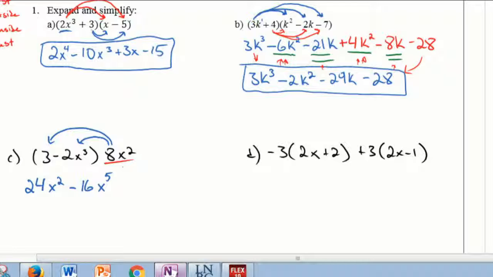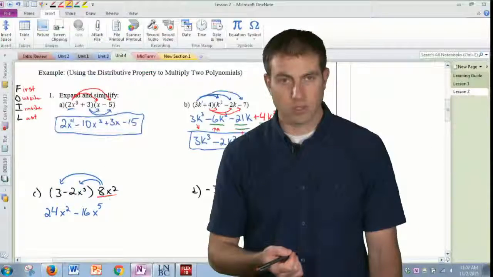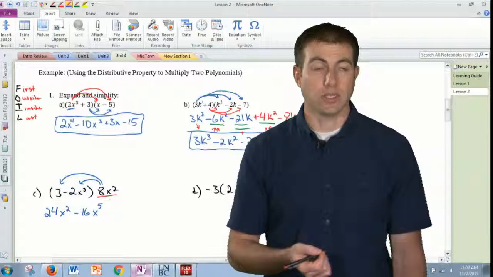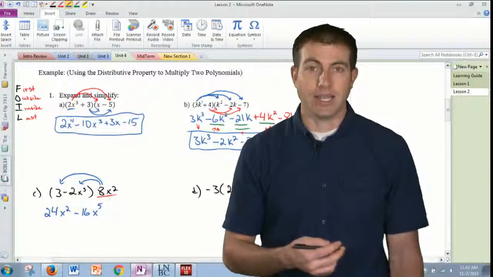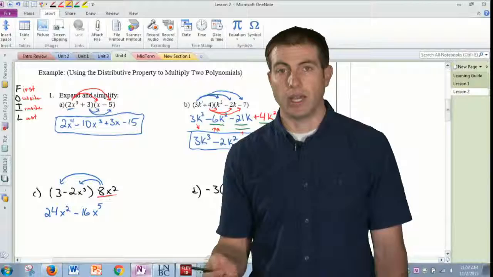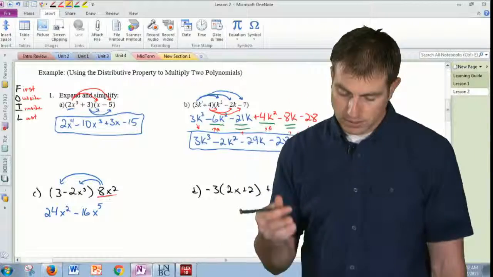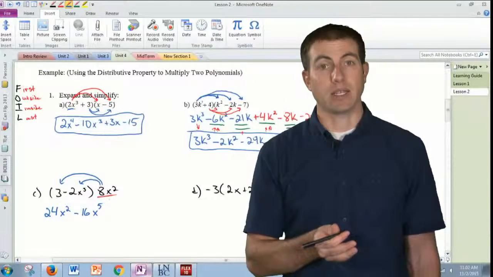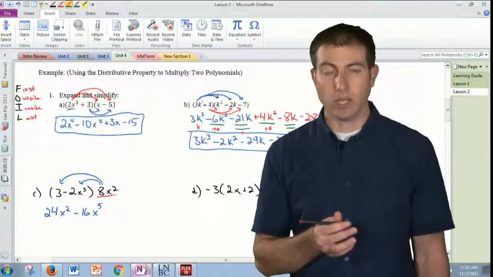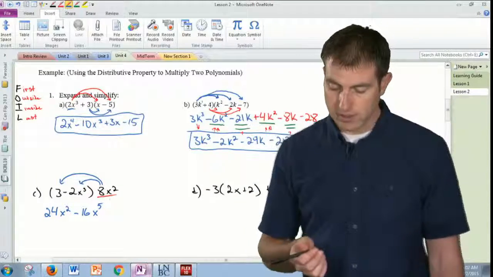Are there any terms that are similar? Can I combine any like terms? No, there's nothing like there, so I can't simplify further. I've multiplied the 8x squared by both terms inside the brackets, feeding my chickens, if you will, and that's all I can do.